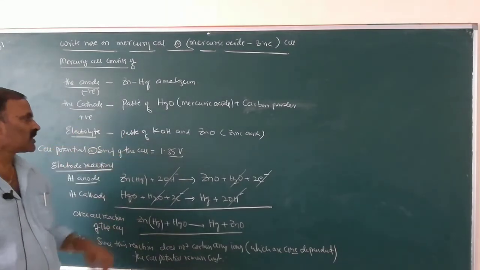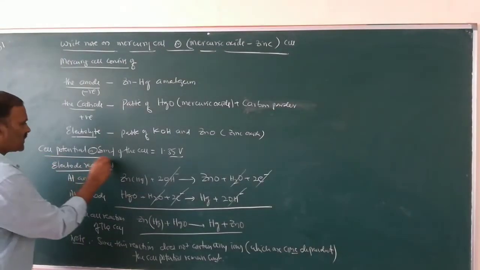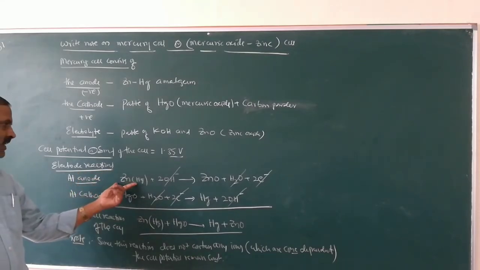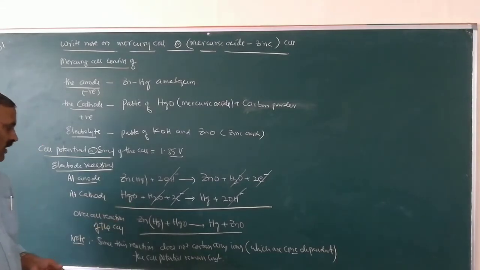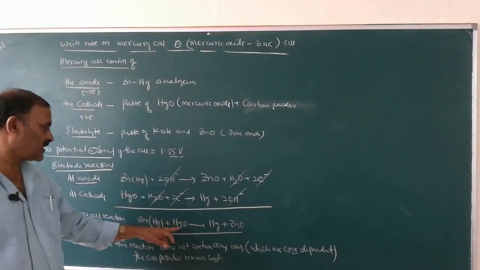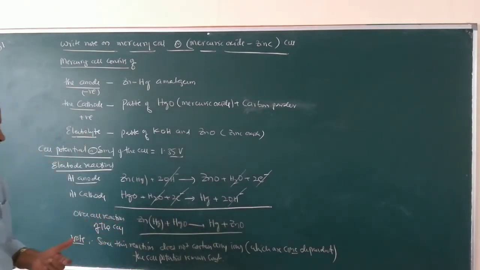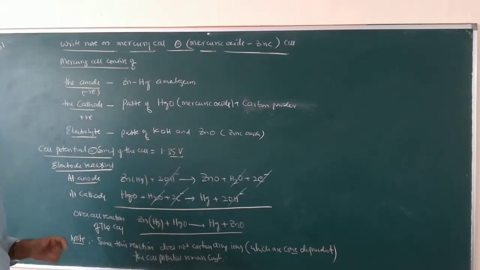Electrolyte is the paste of potassium hydroxide and zinc oxide. So the cell potential is a little lesser than the dry cell. It is 1.35 volts. At anode, oxidation takes place. At cathode, reduction takes place. The overall reaction, zinc plus HgO gives Hg plus ZnO. Since this reaction does not contain any ions which are concentration dependent, the cell potential remains constant.